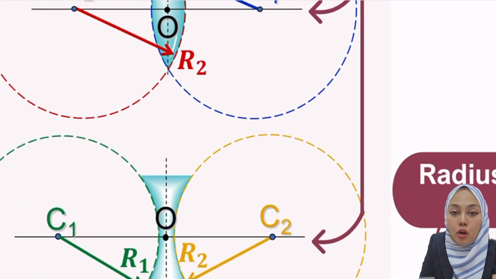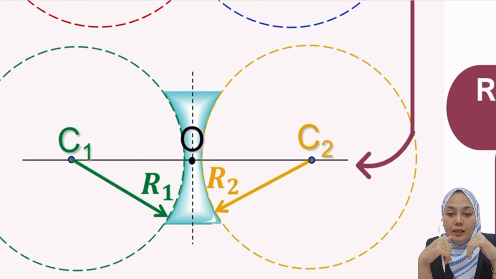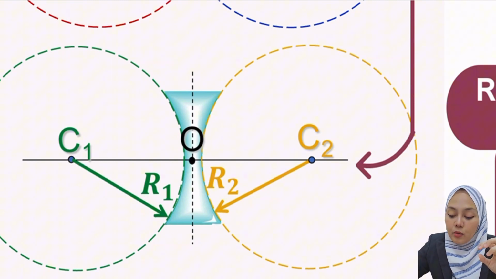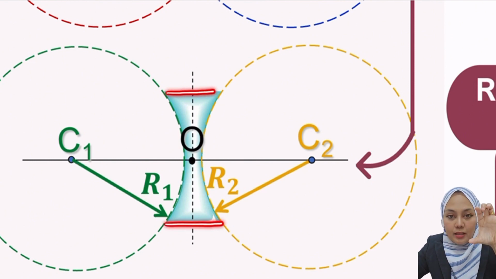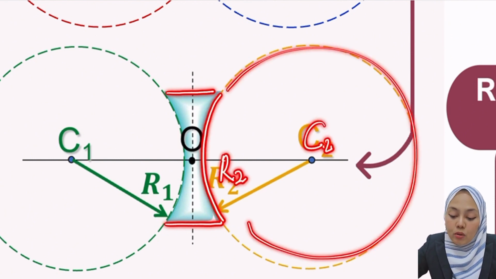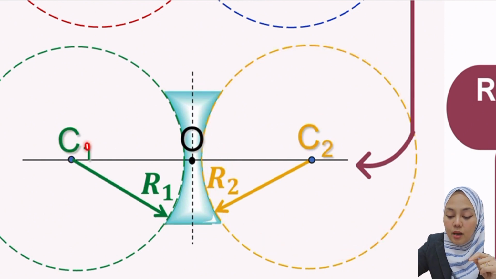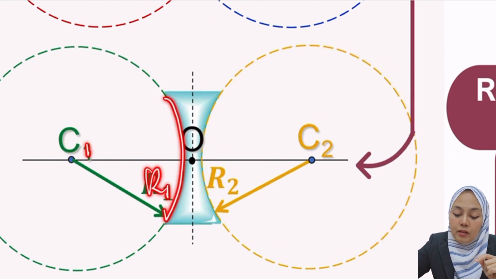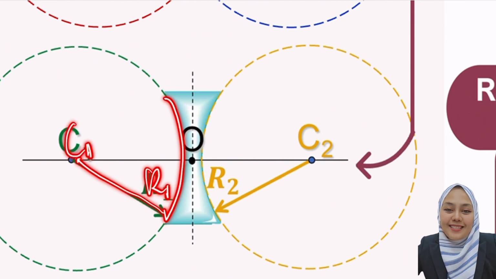But for a concave lens, it's normally just the sides of two spheres, and we connect them with straight surfaces. So this one is the R2 for this yellow circle of C2, and this one is the R1 of the radius C1, like that.